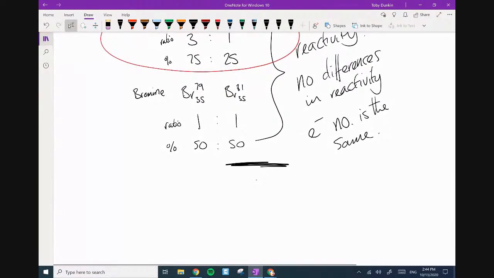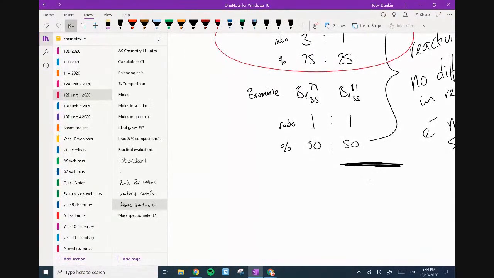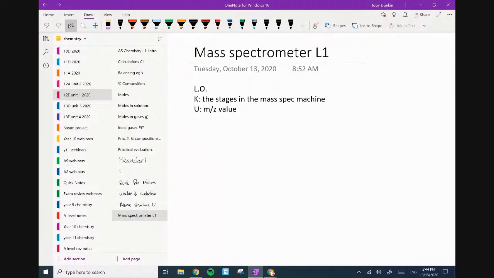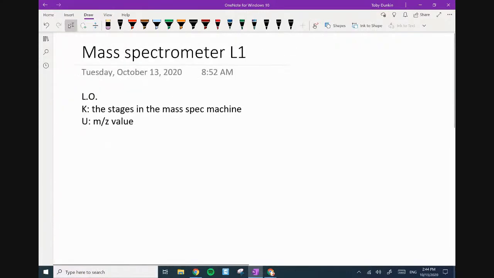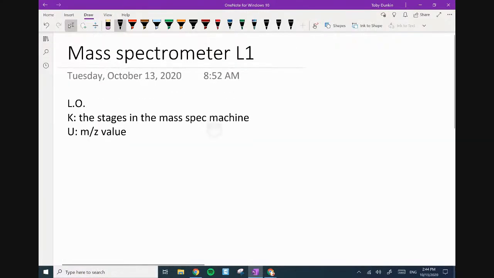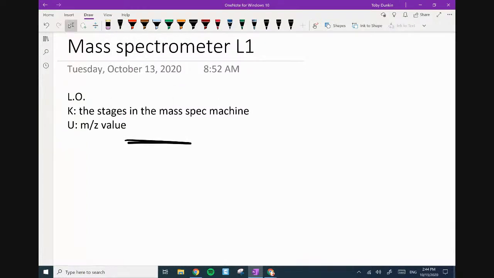Okay, so today's lesson is what's called mass spectrometry. First thing I need to note down is number 1: what is this device?